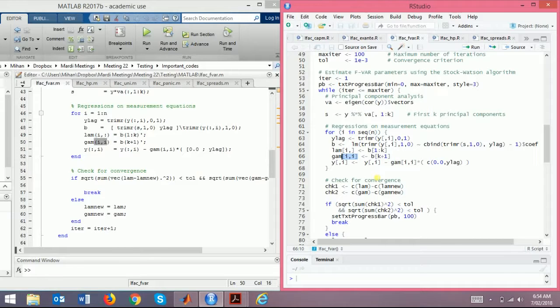Lambda depends on the number of iterations. Gamma is a square matrix, so it has nothing to do with k, but it has everything to do with n. So it's a big matrix, 30 by 30, as we know from here.